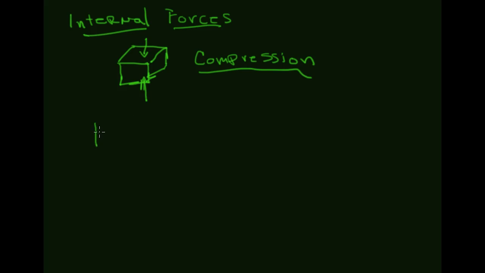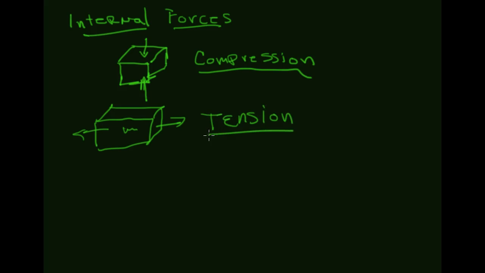The opposite of this would be if I take an object and I try to pull it apart, then the force acting inside the object is what we call tension. So when I pull on the object, the force inside of it is tension. When I push on the object, the force inside of it is called compression.